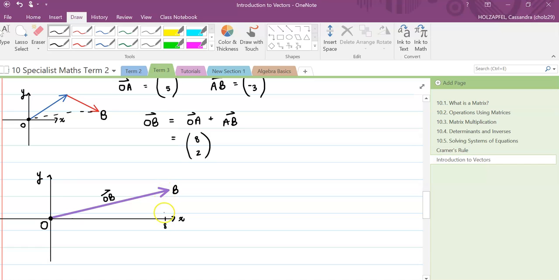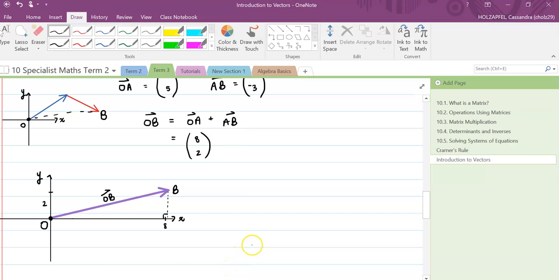This vertical component here is going to be equal to 2, and we know that because of this vector here. And so then what we can see, this is going to be a right angled triangle. So we can use Pythagoras' theorem in order to determine what the length of this line here is going to be, and therefore the magnitude of the arrow or the vector itself.